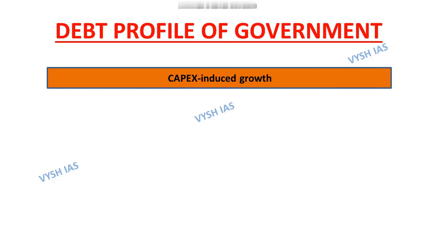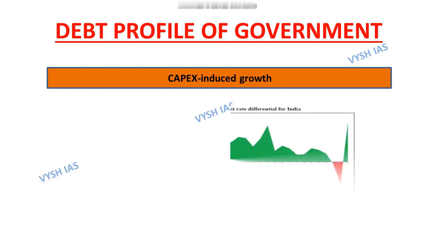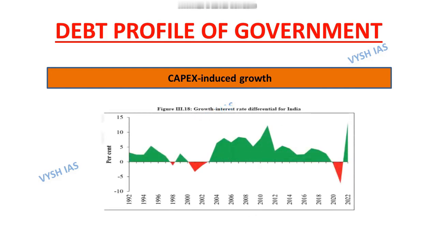The capex-induced growth would facilitate buoyant revenue collection in the medium term and thereby enable a sustainable fiscal path. This will also enable India to keep the growth-interest rate differentials positive. So now once again look at the graph regarding this, which is the growth-interest rate differentials for India.